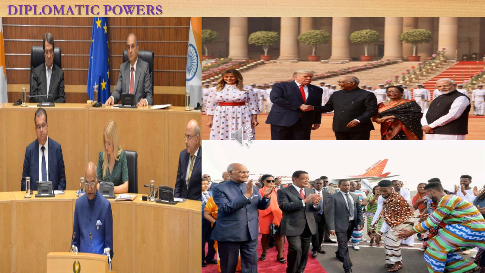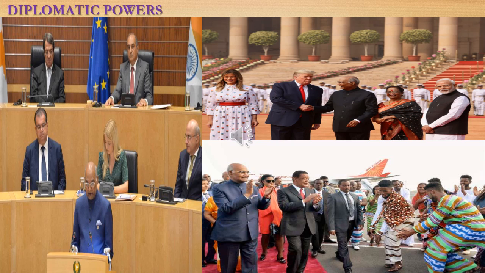All treaties and agreements with foreign countries or foreign states are entered into in the name of the President. Likewise, it starts as in the name of the Honorable President of India. Like that every agreement begins, and every agreement is signed.